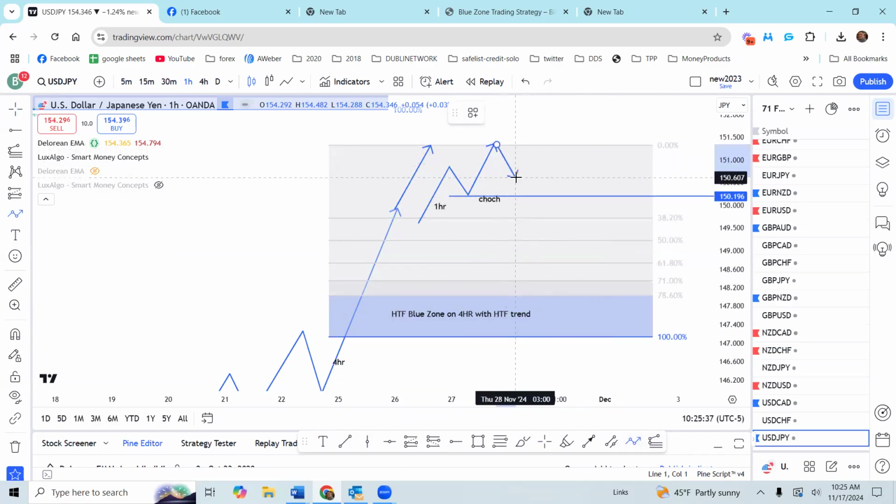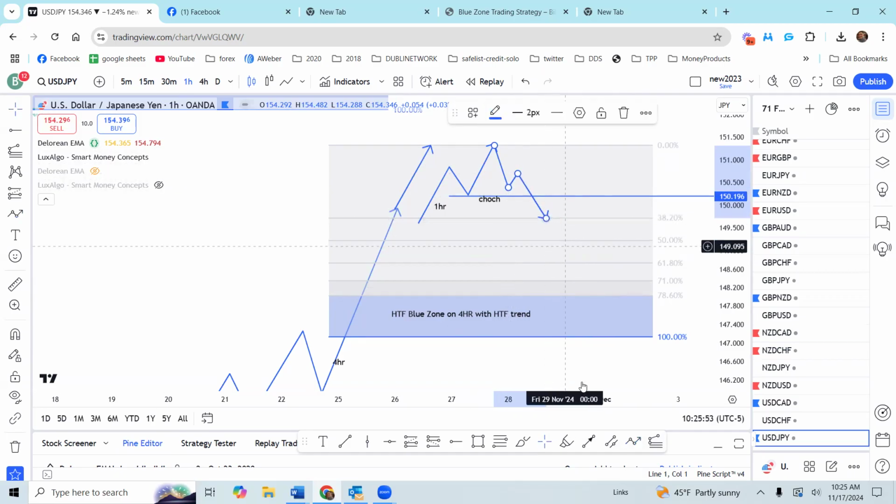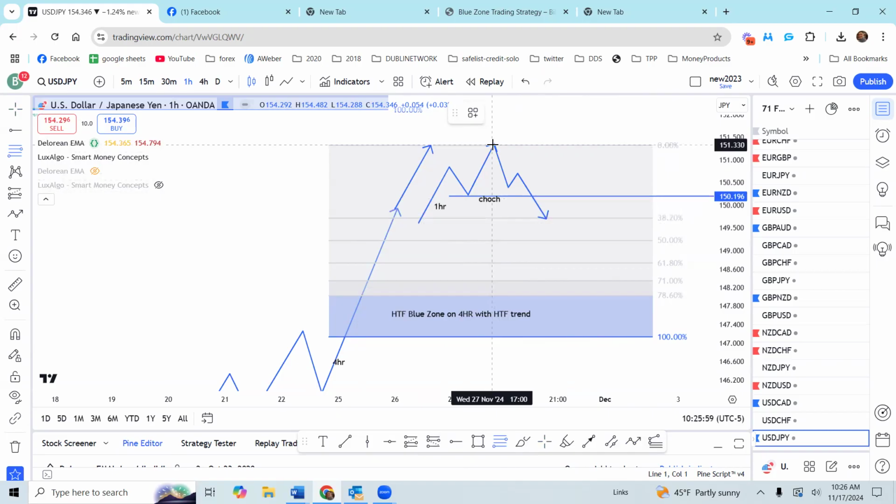Price can just make a little dip here, and then it can just continue upward like it's been doing, right? So we wait for this change of character here. And then maybe it comes down, pulls back a little bit, and then goes down further, and we get that change of character. So now on the 1 hour time frame, we can draw our lower time frame fib from here to here.